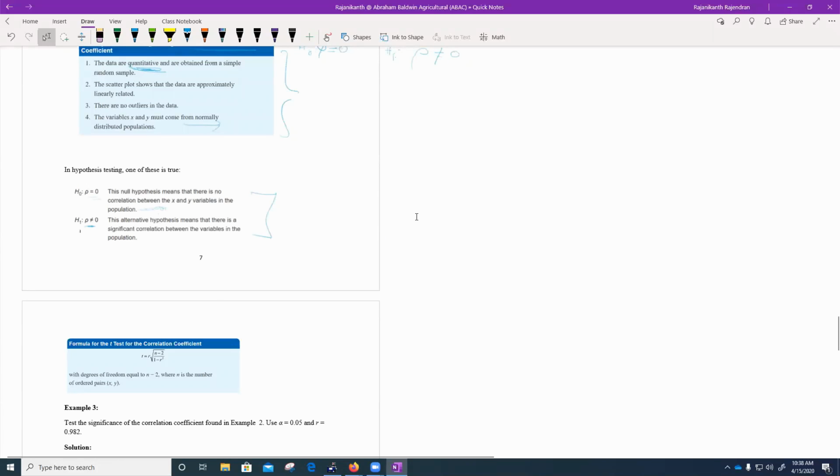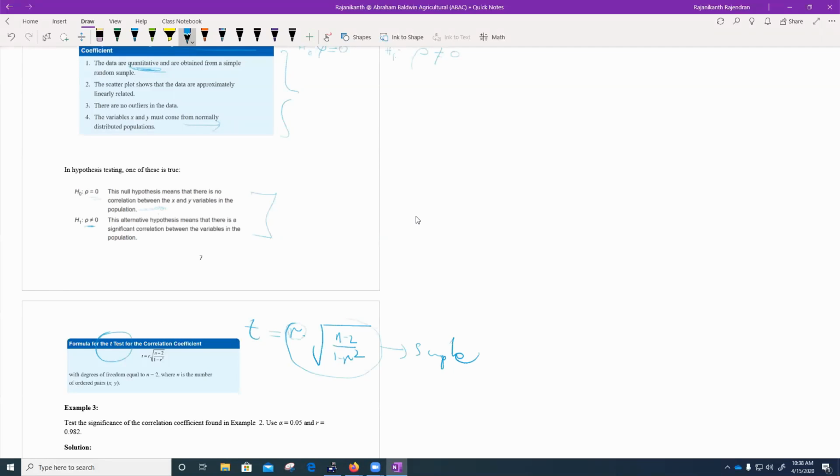Now we have the hypotheses. The next one is my test statistic. Here I'm using a t test. The t test value is given by little r times the square root of n minus 2, over 1 minus r squared. These values come from your sample.